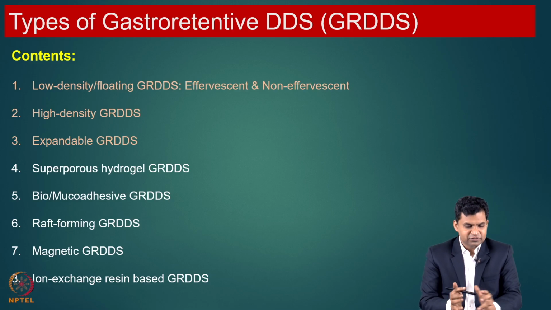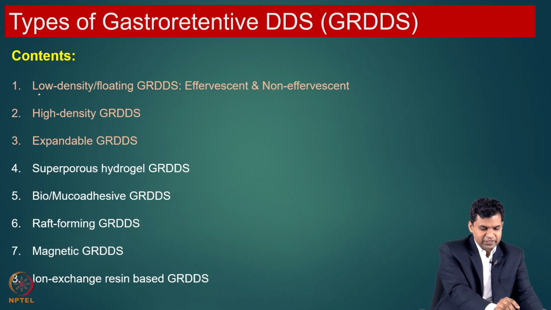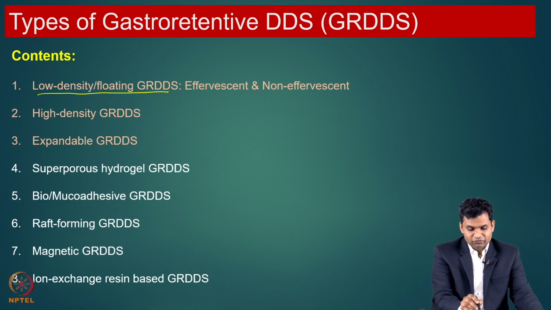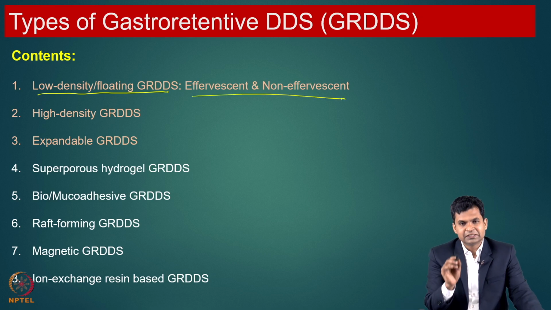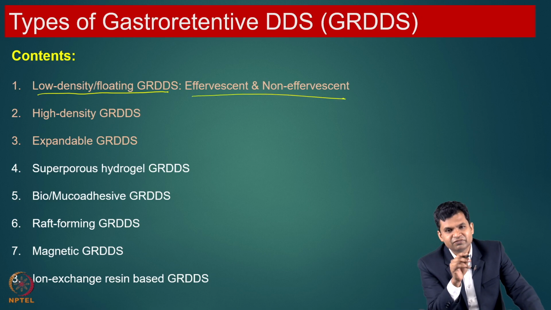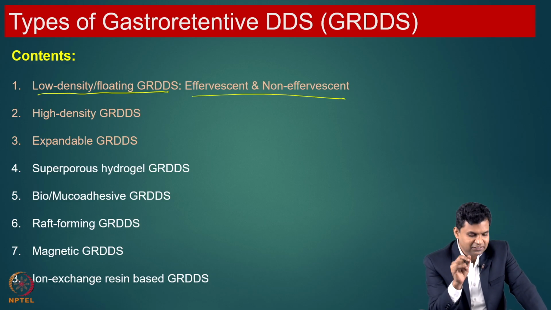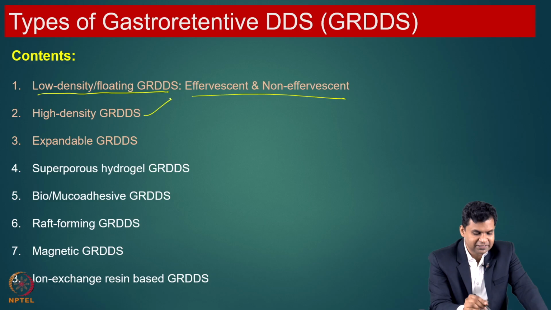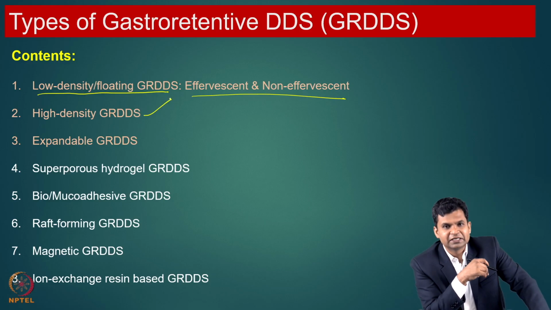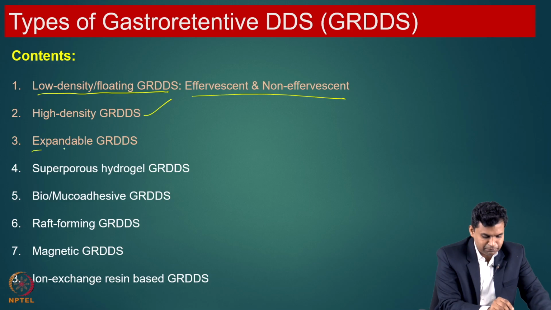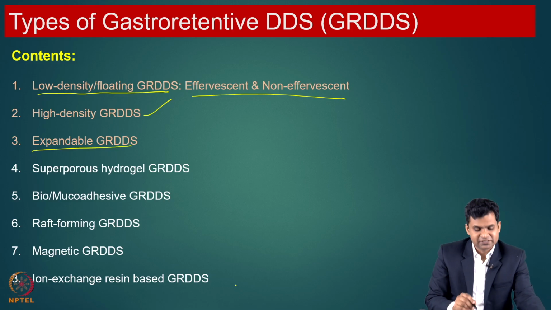In that, we discussed the low density or floating gastroretentive drug delivery systems, covering two topics: non-effervescent and effervescent systems. After that, we discussed the high density gastroretentive drug delivery systems, and further the expandable gastroretentive drug delivery systems.